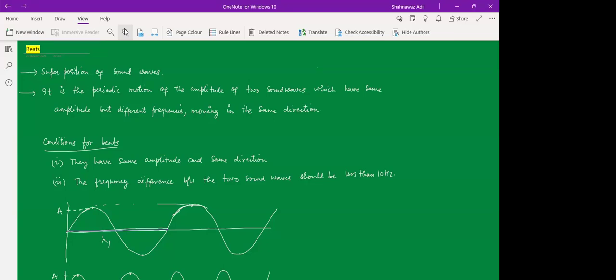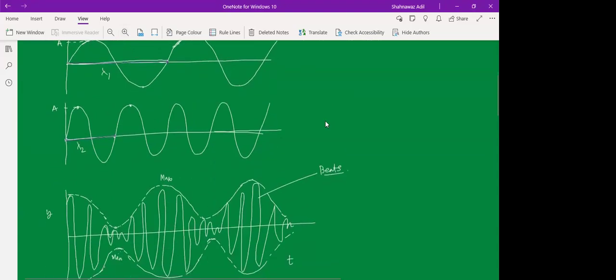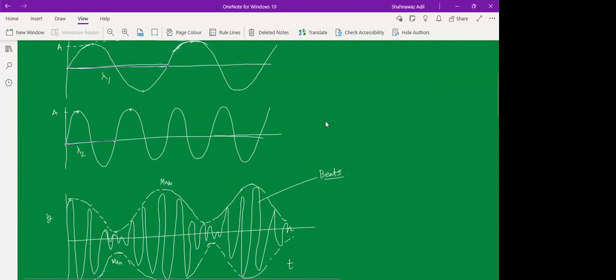Whenever you want me to scroll down, please do. Done, sir. This graph is right. In the NCERT book, it is drawn in a very beautiful way, but my drawing is very bad.